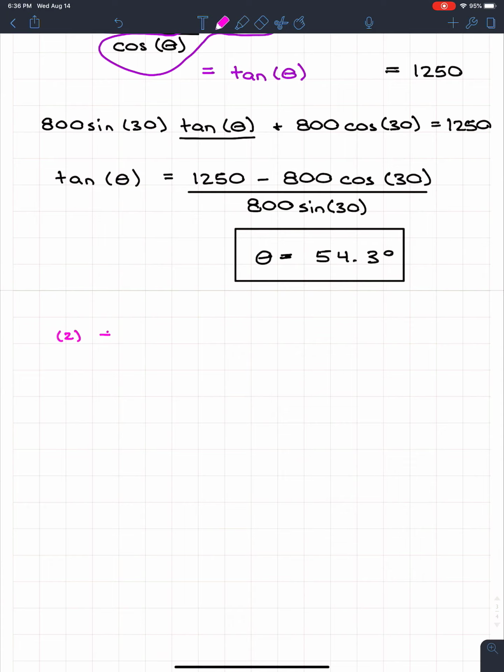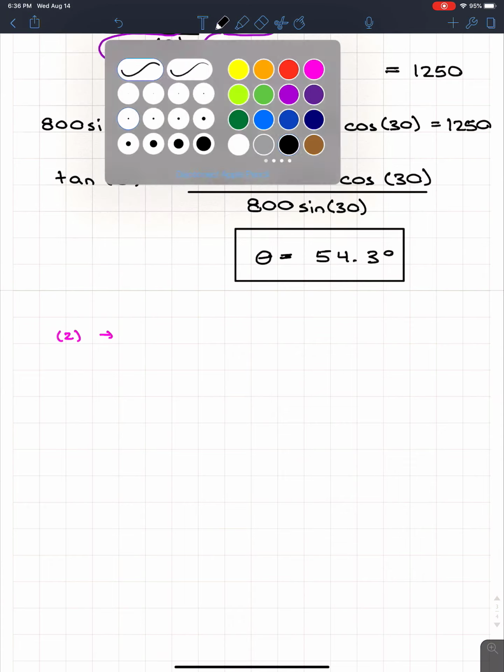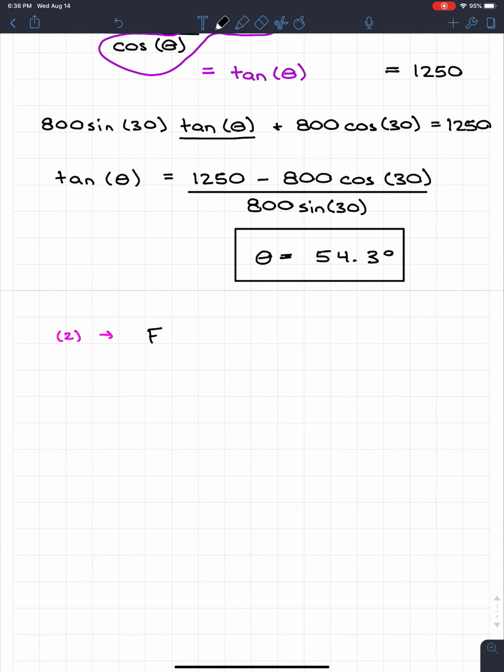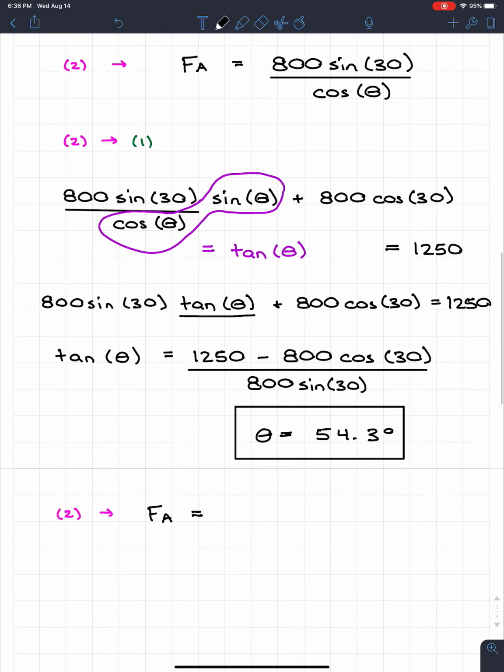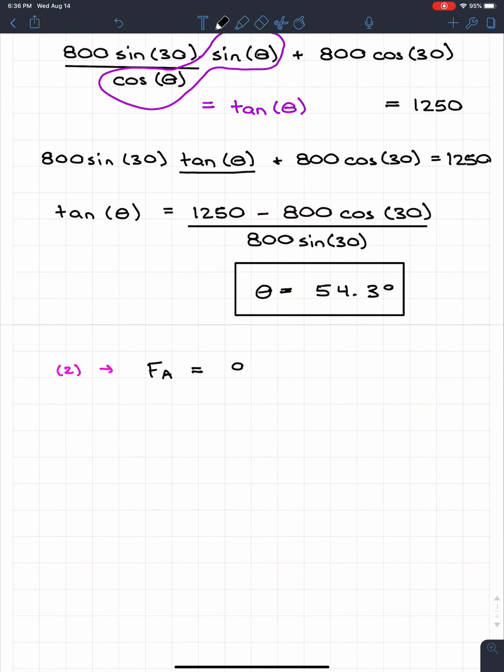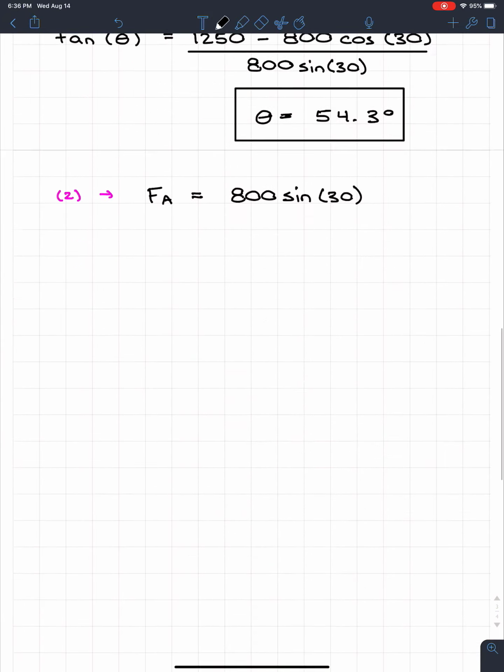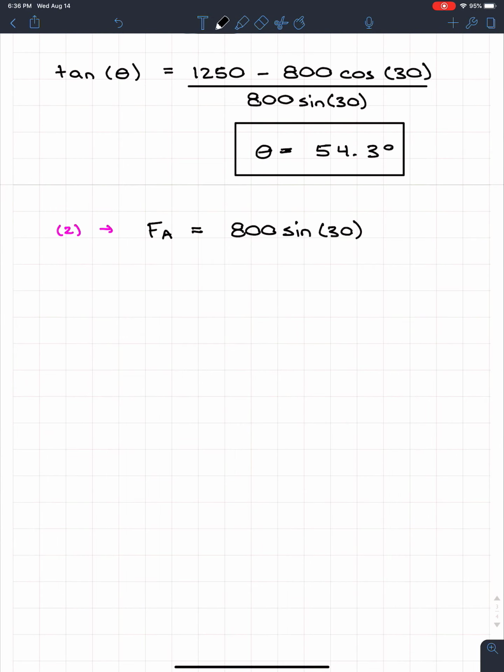From equation 2, we know that FA is equal to, and we'll scroll up to check, 800 times sine of 30 times the sine of 30 divided by cosine of theta. So we know theta, this will be the cosine of 54.3 degrees.